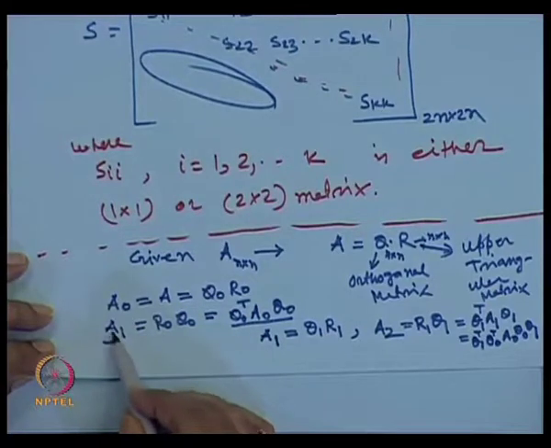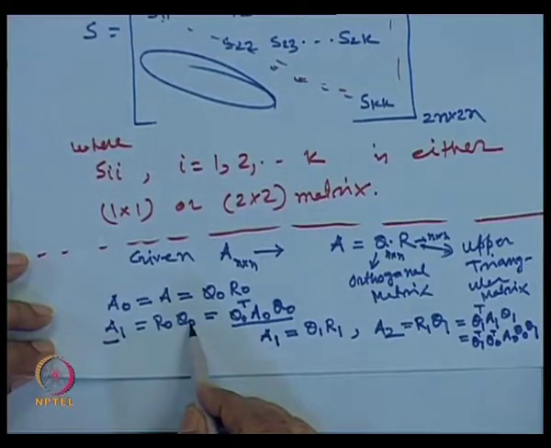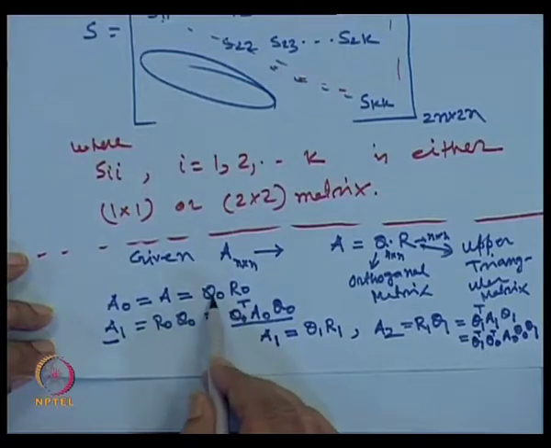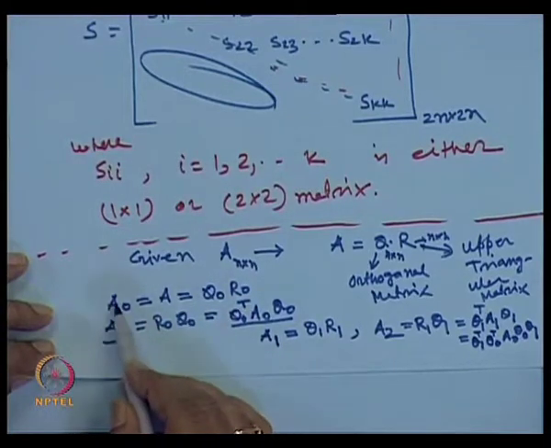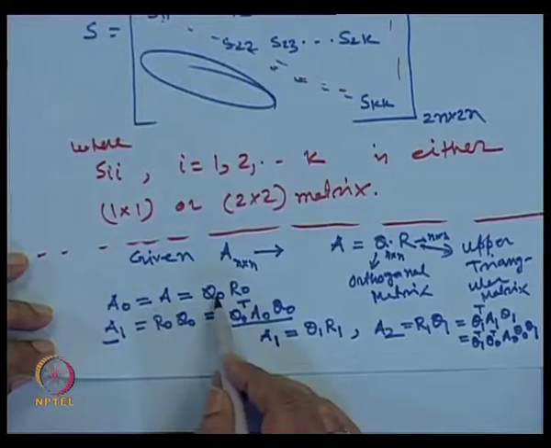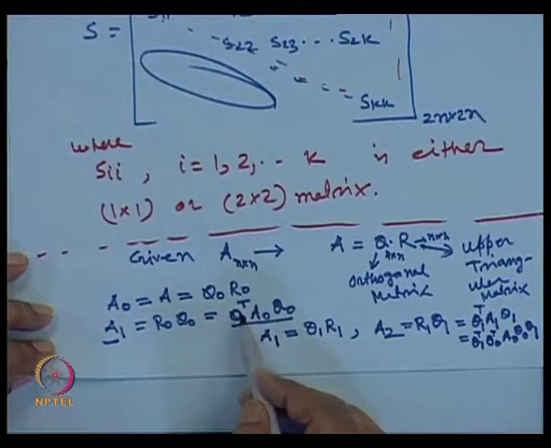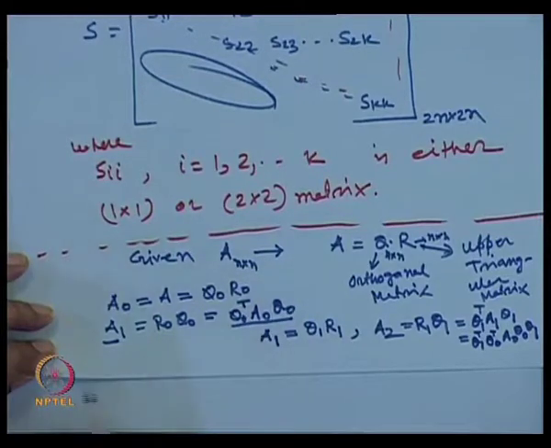So we write A1 is equal to R0 Q0, which, in place of R0, I can write as Q0 inverse A0 Q0, and since Q0 is an orthogonal matrix, its inverse is nothing but Q0 transpose. So it is Q0 transpose A0 Q0.